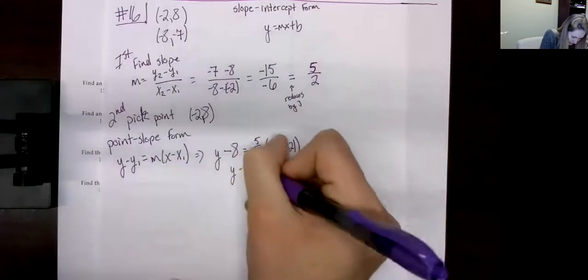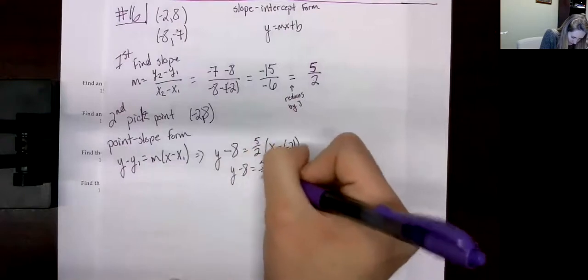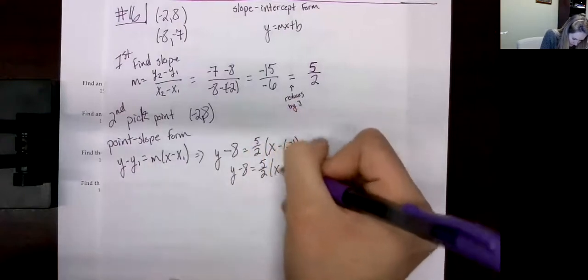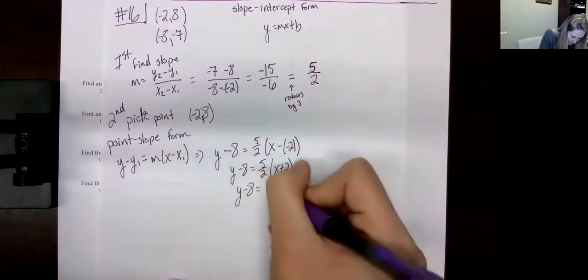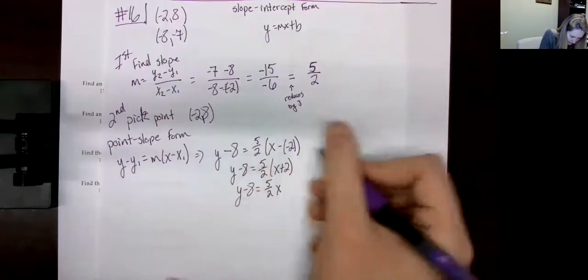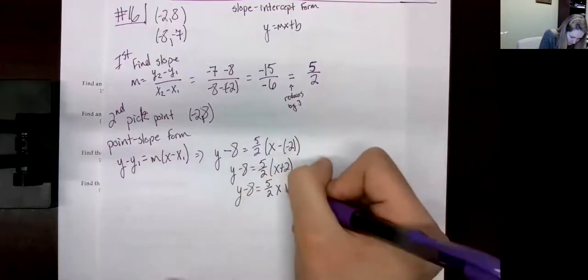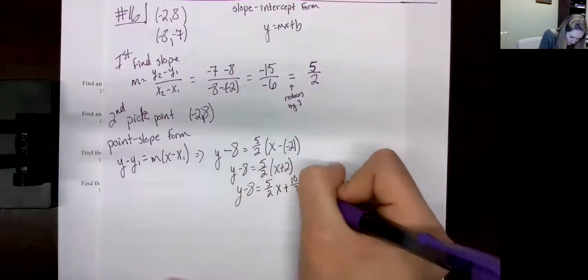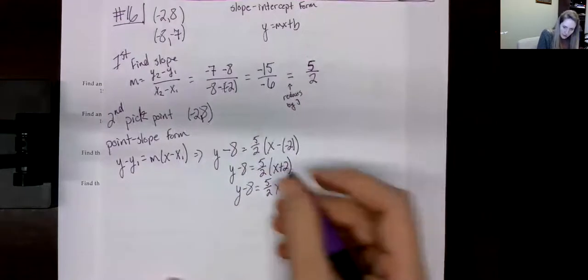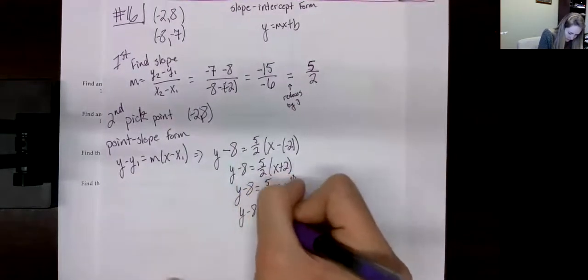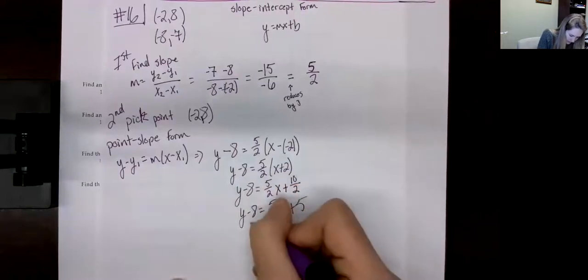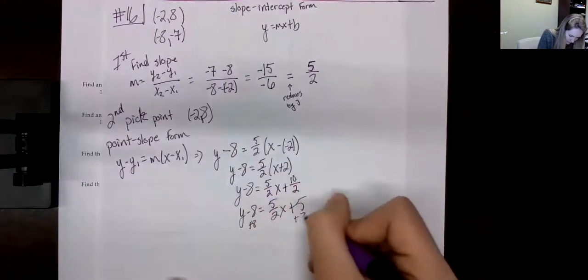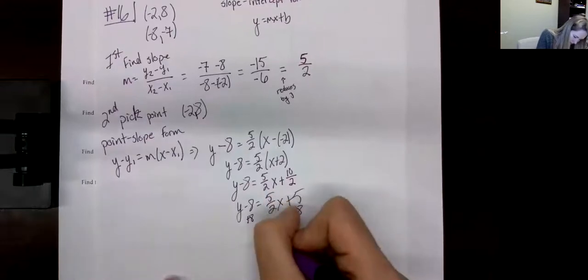So I'd have y subtract 8 equals 5 halves x plus 2. Distribute 5 halves x. 5 times 2 is 10. This reduces, so I'd have y subtract 8 equals 5 halves x plus 5. And then I would add my 8. 8, 9, 10, 11, 12, 13.